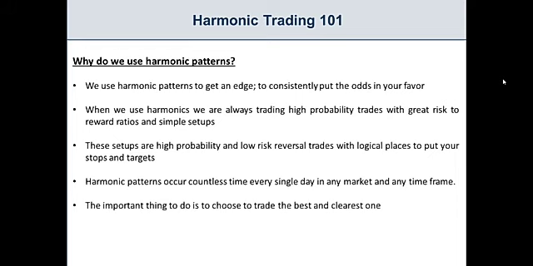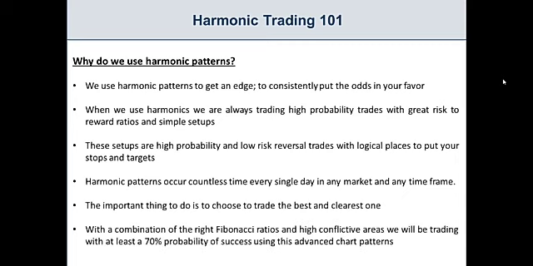Given that we are going to be finding these patterns all day long, you will have to choose the clearest one, and with a combination of the right Fibonacci ratios and high confluence areas, we will be trading with at least a 70% probability of success using these advanced chart patterns.